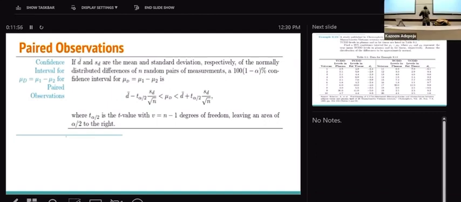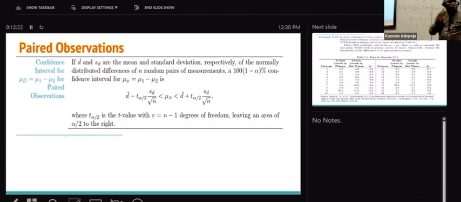Here I have x bar 1 minus x bar 2 plus or minus t times sp times the square root of 1 over n1 plus 1 over n2, and your sp is the square root of (n1 minus 1) s1 squared plus (n2 minus 1) s2 squared, divided by n1 plus n2 minus 2.